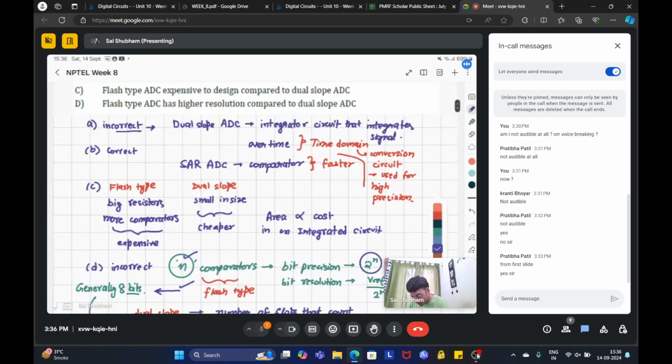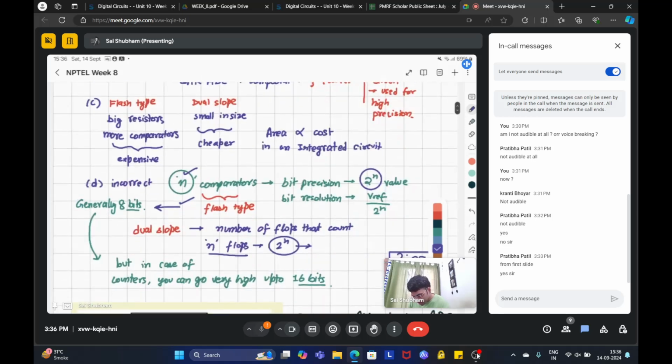The last option says that flash type ADC has high resolution compared to dual slope ADC. This statement is also incorrect. The resolution depends on the number of comparators you have. If you have n comparators, you can go up to 2 power n values, and your bit resolution will be V reference by 2 power n. Same is the case for dual slope, but the catch is that comparators are very big in size compared to flip-flops.